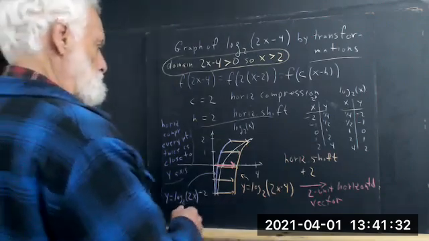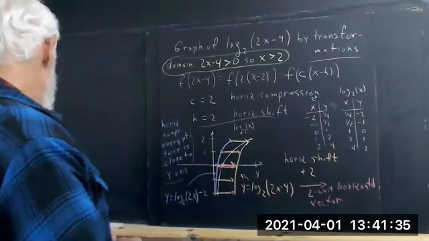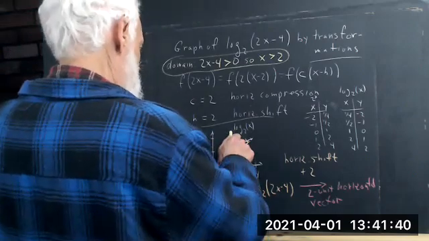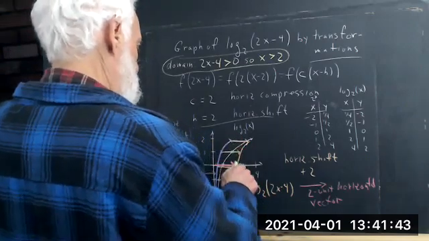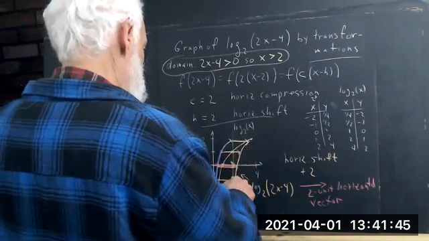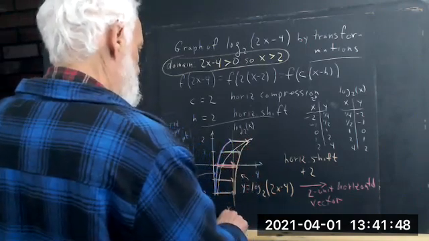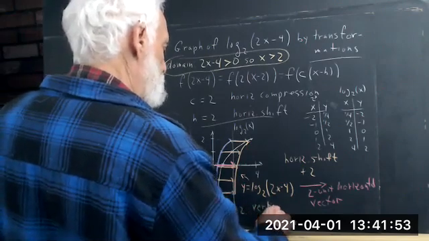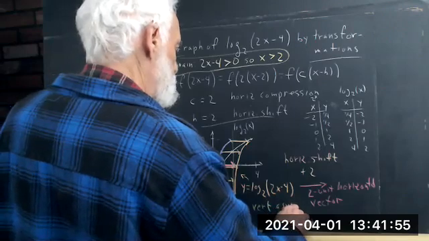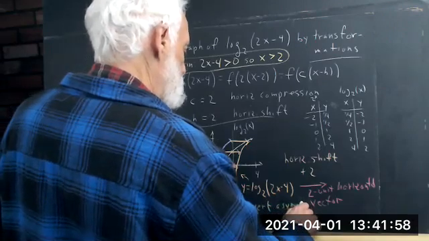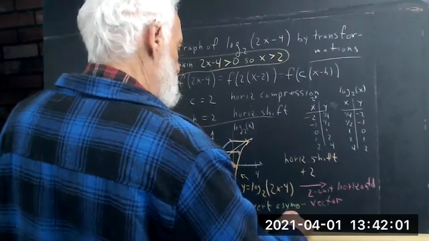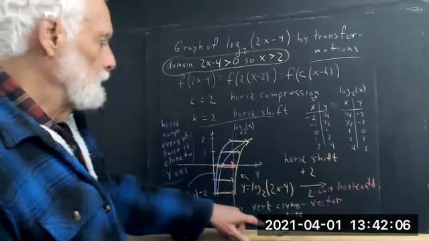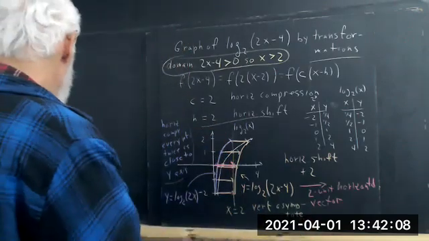I'm not going to draw it real dark, but here's where x equals 2, and yeah, my graph isn't perfect, but x equals 2 is your vertical asymptote.